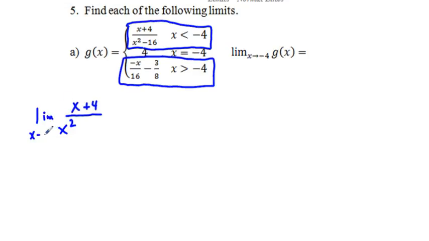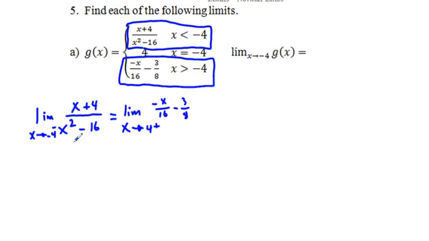As x approaches negative 4 from the left side of the square root of 16, equals the limit as x approaches 4 from the right side of f of x, which is going to be simply this negative x over 16 minus 3/8.